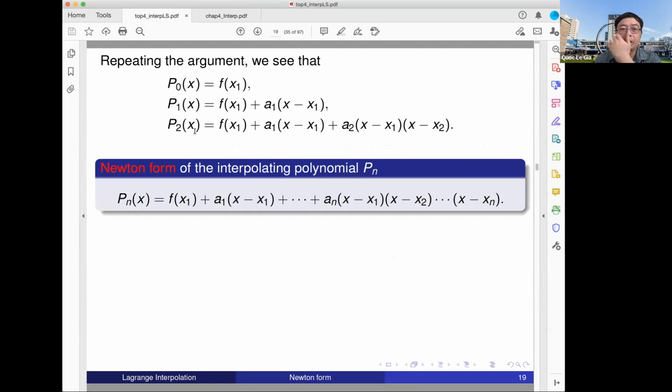P2. Okay, so now P2. Okay, so now go back to this. Now I want to say that you can repeat the argument to say that P2 has the form like this: f(x1) plus a1 times (x minus x1) plus a2 times the product of (x minus x1) times (x minus x2).